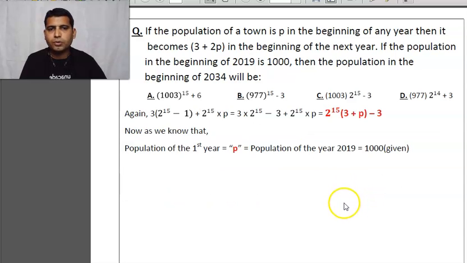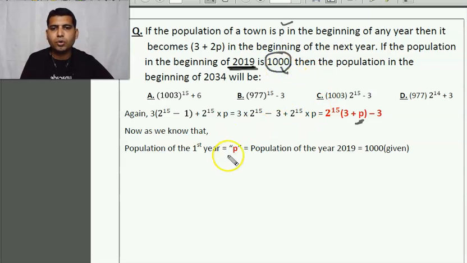Okay, so now what is P here? Population of the first year. And what was the first year we assumed in this particular question? That was 2019, of which population is given to us already, which is equal to 1000. So now putting the value of P is equal to 1000 in this equation, what we will get?